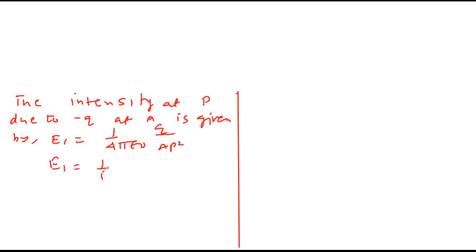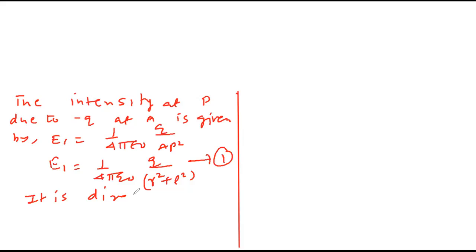That is the same as 1 upon 4 pi epsilon naught Q upon R square plus L square, since AP is root of R square plus L square. When squared, the root vanishes and only R square plus L square is left. It is directed inward.